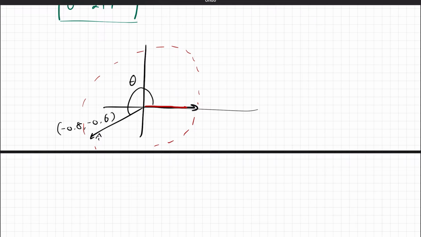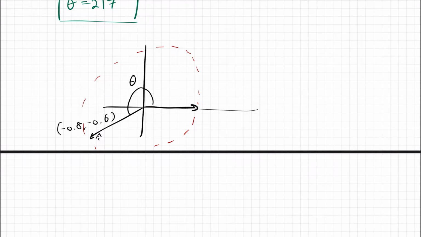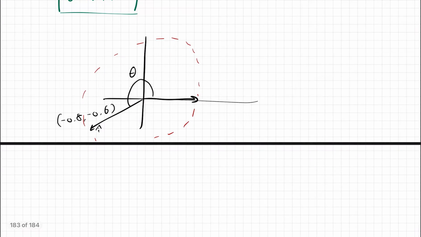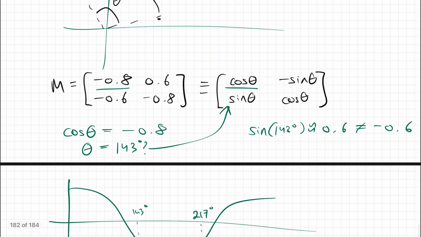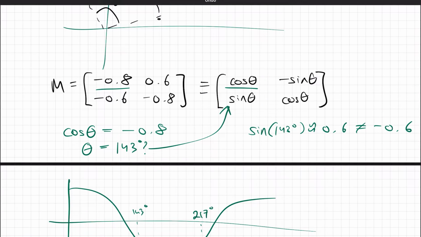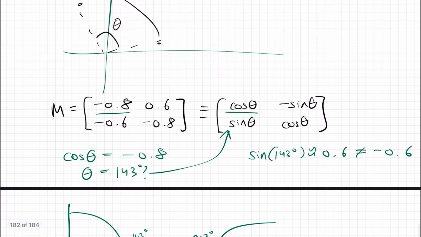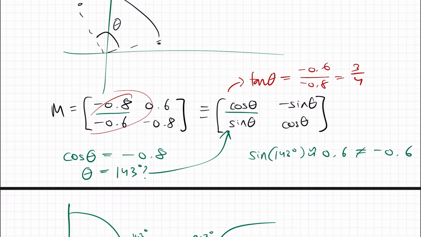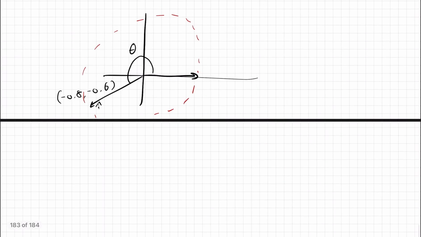You might be thinking we can look at the tan, because if we take this sine and cos and put them over each other, we get tan theta equals minus 0.6 over minus 0.8, or tan theta is 3/4. You might think by combining these we could get some kind of uniqueness, and then we could find tan and then find theta using that.